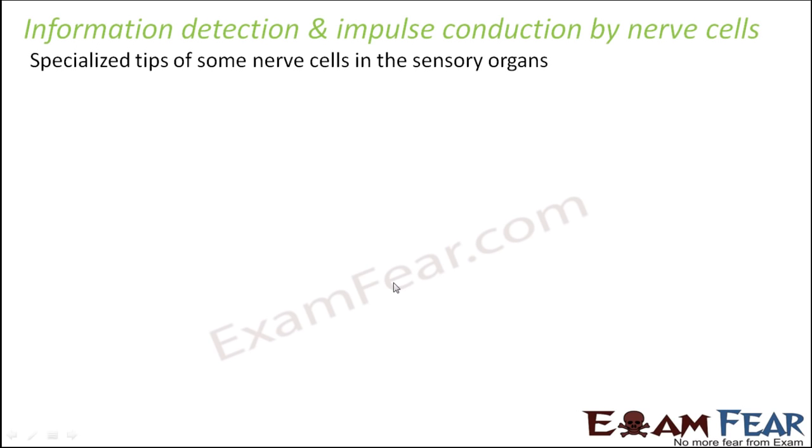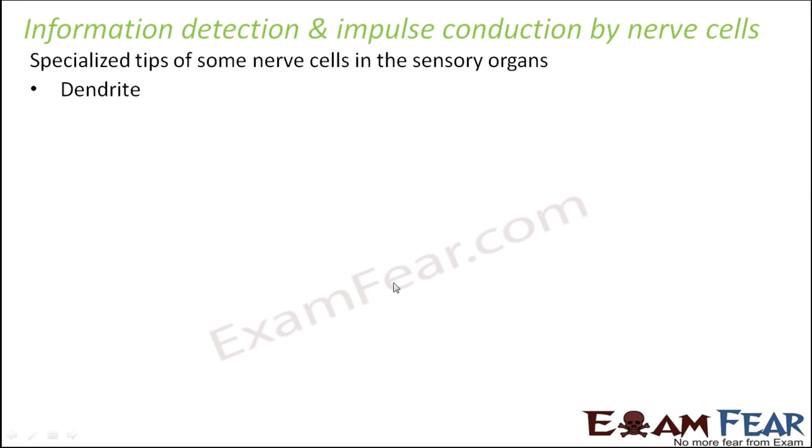So these receptors are present in the sensory organs, for example the eyes, ears, nose, or the skin. They receive the stimulus, and the specialized tips of some nerve cells receive that information from the sensory organ. Now, which part of the neuron will receive the information? Dendrites will receive the information.